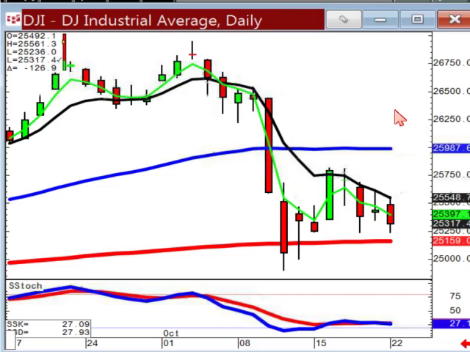this is one of the important things about the T-line that you should always keep in the back of your mind: the T-line acts as a resistance. But the T-line isn't something that everybody has on their charts.